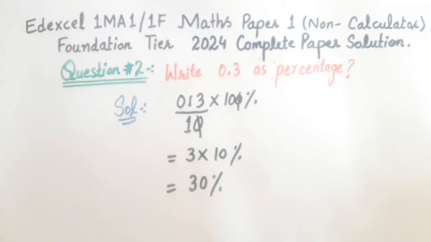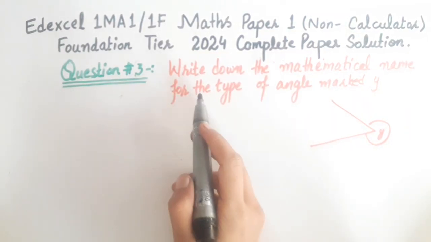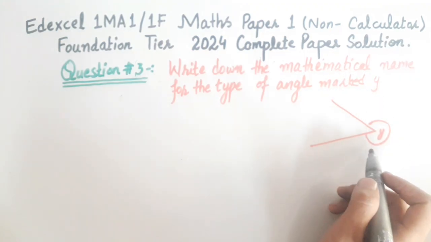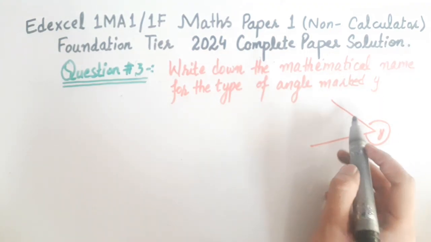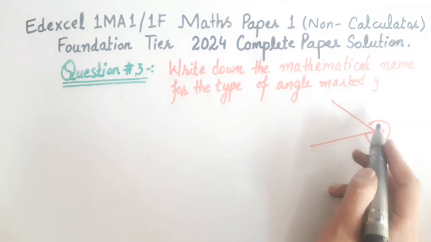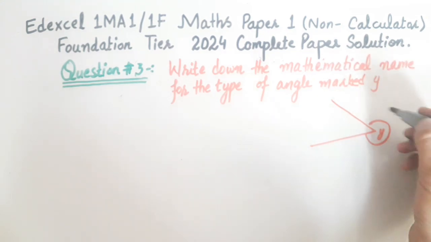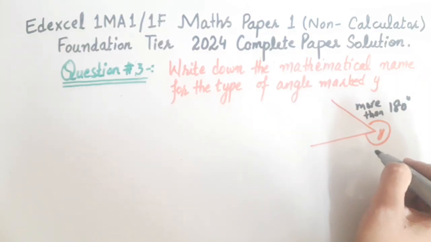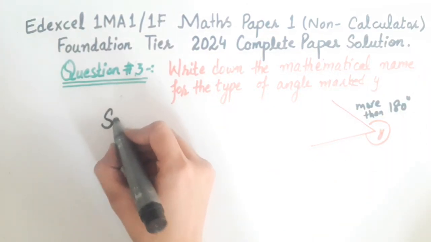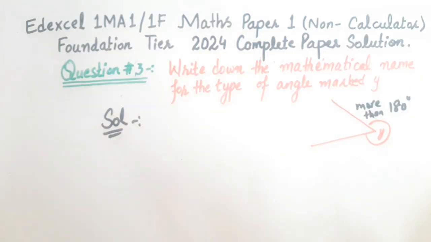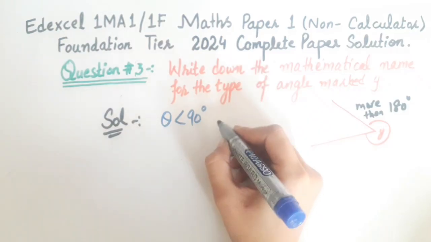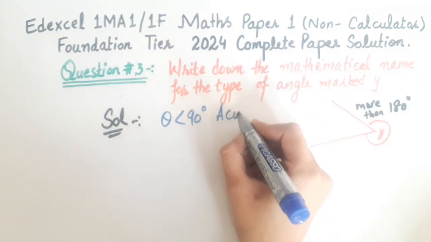Now we will solve question 3. Write down the mathematical name for the type of angle marked as y. You can see this angle is more than 180 degrees. There are some results you have to remember. First, if your angle is less than 90 degrees, we say that angle is an acute angle.